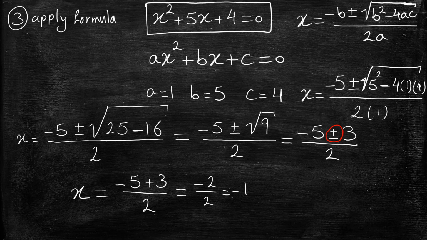So that's one answer. For the other answer, we take the negative: minus 5 minus 3 divided by 2, which is minus 8 divided by 2, equals minus 4. So that's the other answer. One answer is x equals minus 4, and the other answer is x equals minus 1. Two different answers. Okay.